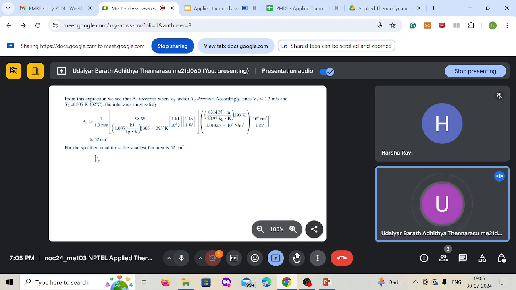So the smallest fan area which you can have, such that both conditions are satisfied, 1.3 meters per second and 32 degrees Celsius, is the hard limit which you cannot cross. Using that, you estimate the smallest area you can have is 52 centimeters square.